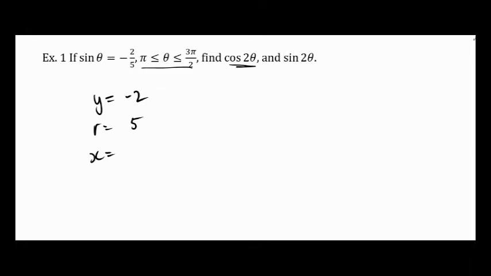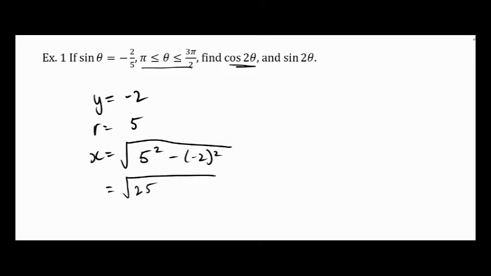And then x, how am I going to find that? Pythagorean theorem. So it's going to be the square root of 5 squared minus negative 2 all squared. So that's 25 minus 4, the square root of 21.